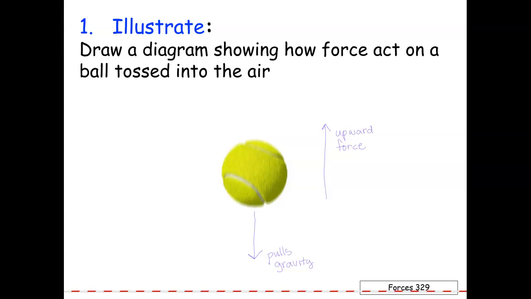There's a point, as we learned when we talked about kinetic and potential energy, in which the ball actually stops its motion. And that's where potential energy is going to be the highest. And then as it's falling down to Earth, it's also accelerating due to gravity.